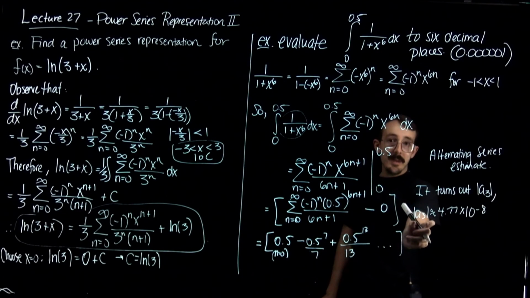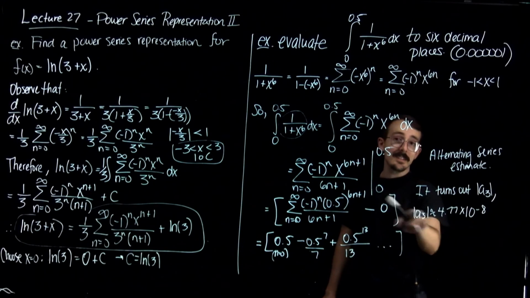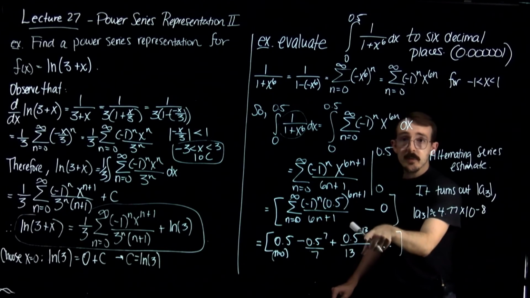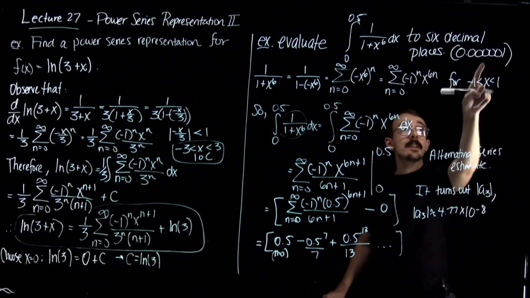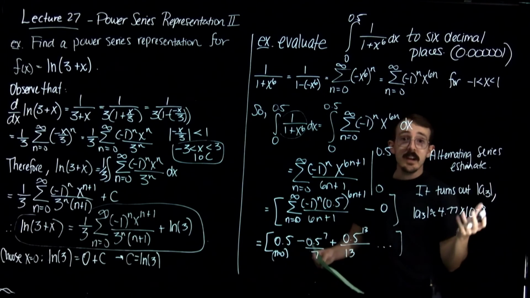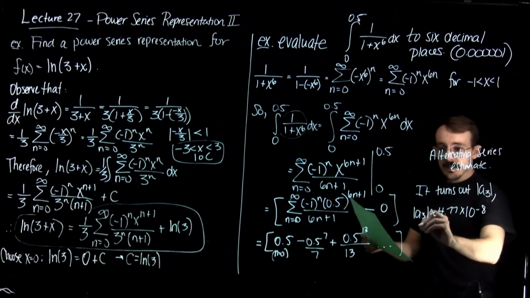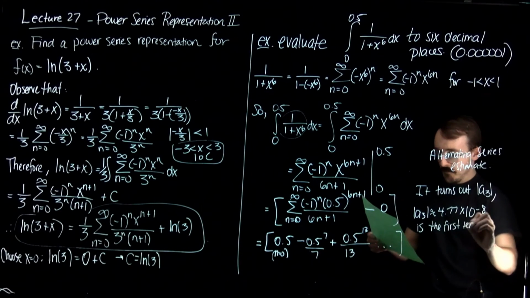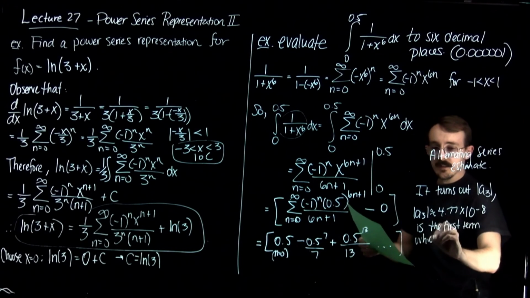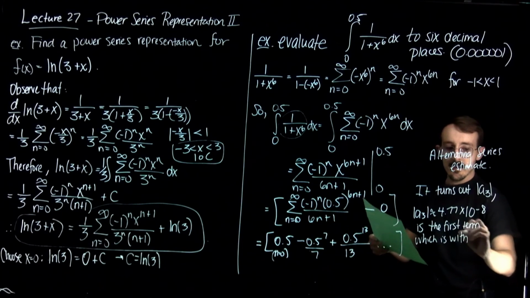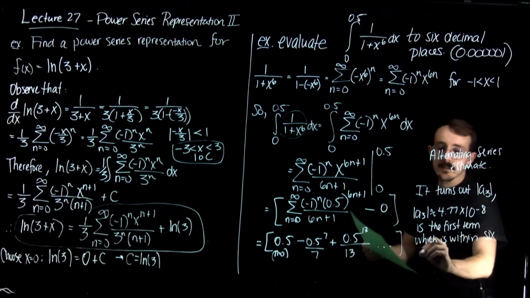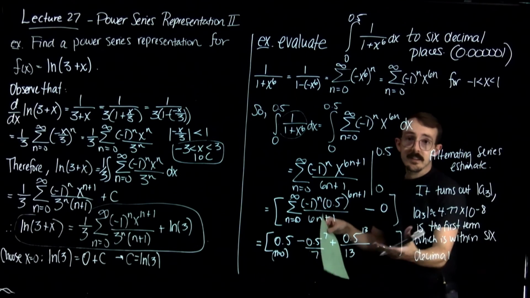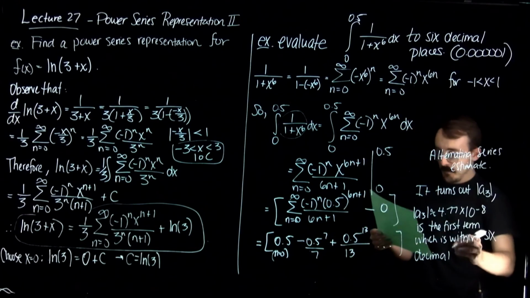So the magnitude of this term, this is like 7 decimal places. This is very small. It's the first term you encounter where it's strictly less than the level of accuracy that I need. So I'll just say that it is the first term which is within 6 decimal places. Or its contribution is within 6 decimal places of the overall answer.